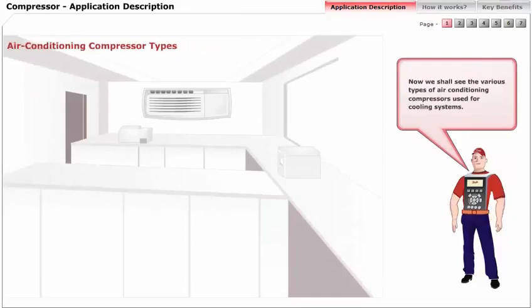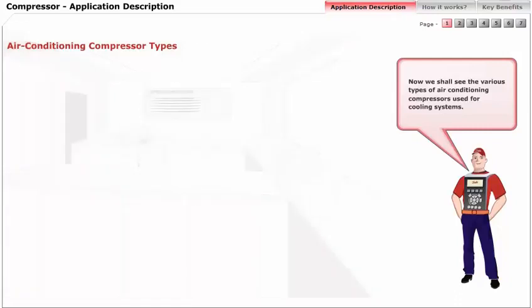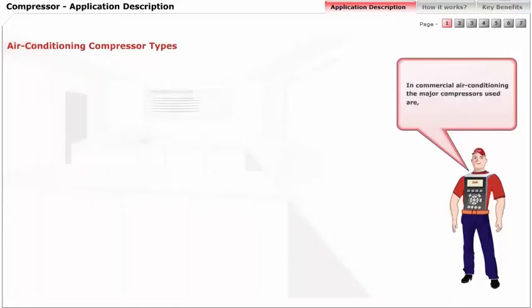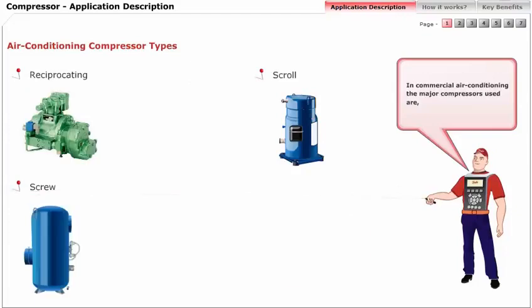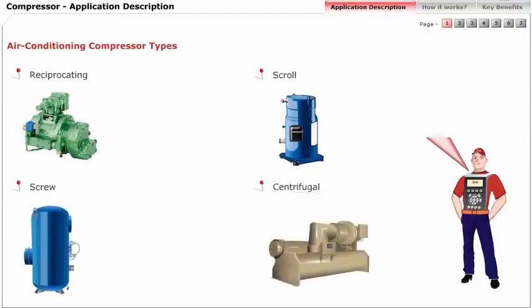Now, we shall see the various types of air conditioning compressors used for cooling systems. In commercial air conditioning, the major compressors used are reciprocating, scroll, screw, and centrifugal.